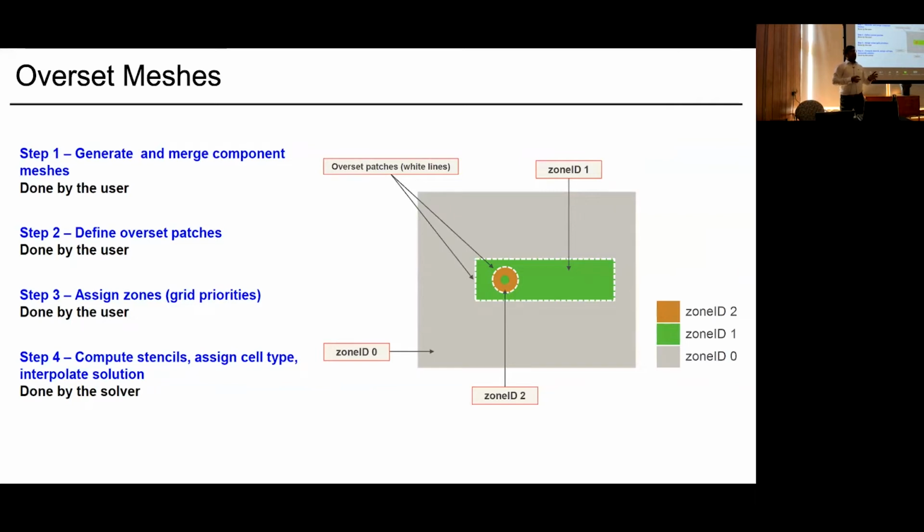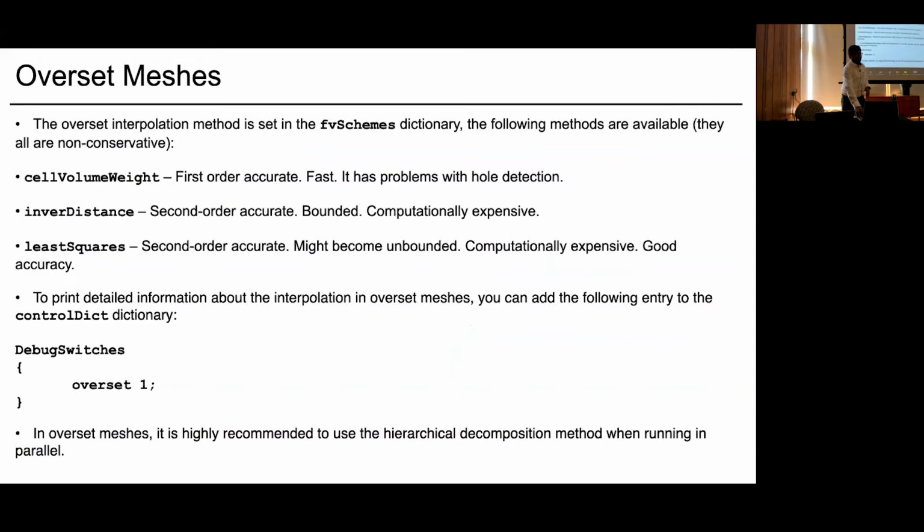And then we have to assign different zone IDs, which are nothing but markers for those cell zones, to these different meshes, so that the overset solver can understand which one is the whole region, which one is the interpolated fringe, and which one is the computed region. And that basically determines the compute stencils. They would determine the compute stencils based on these zone IDs that we define in the solver.